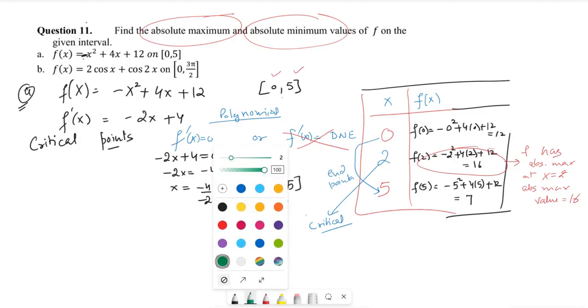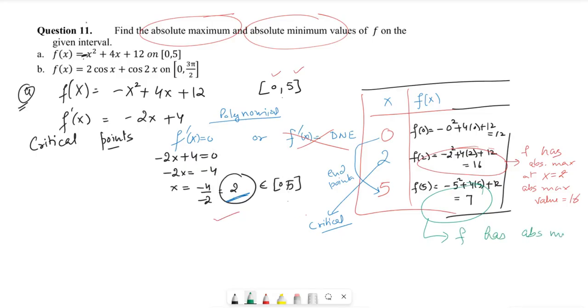Okay. And where is it minimum? 7. Therefore, f has absolute minimum value at x is equal to 5 and absolute minimum value is 7.